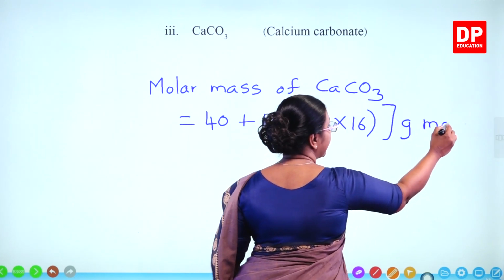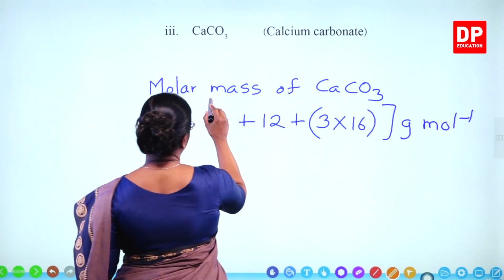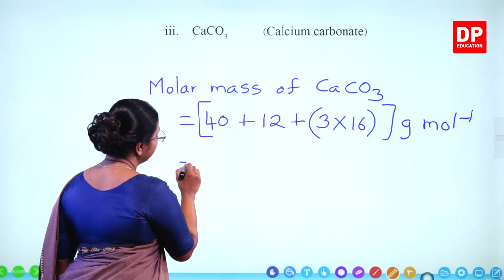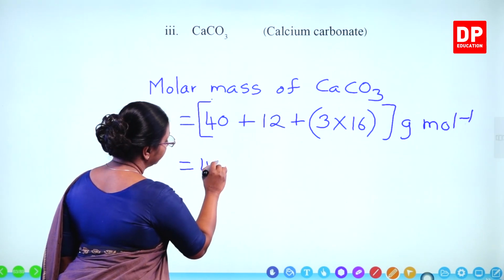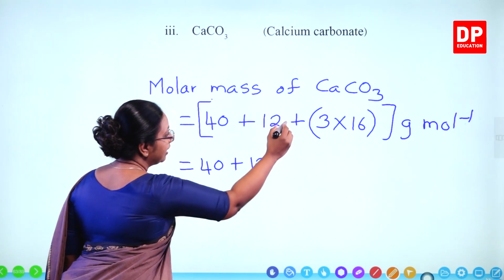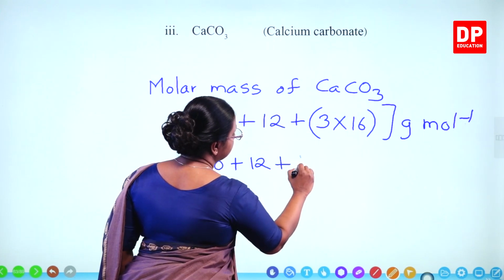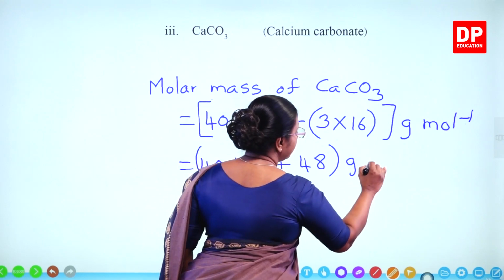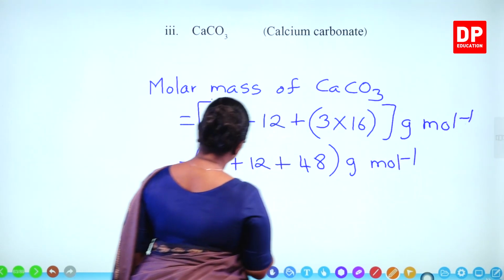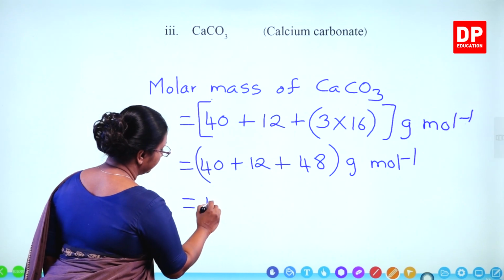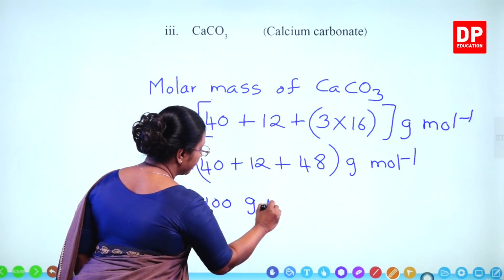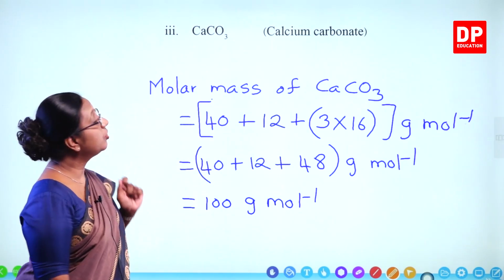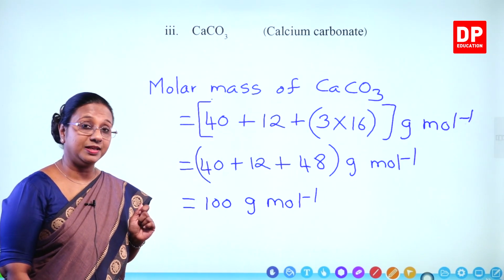I, of course, will write the unit as well. It is easy for me. So then again, we need to calculate the value. 40 plus 12, and here this is 48. So when you add them together, you will get the value as 100 grams per mole. That is the molar mass of calcium carbonate.